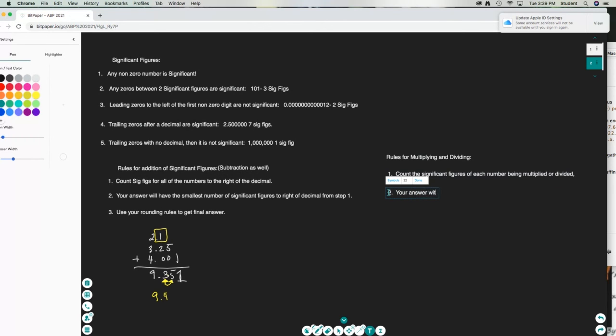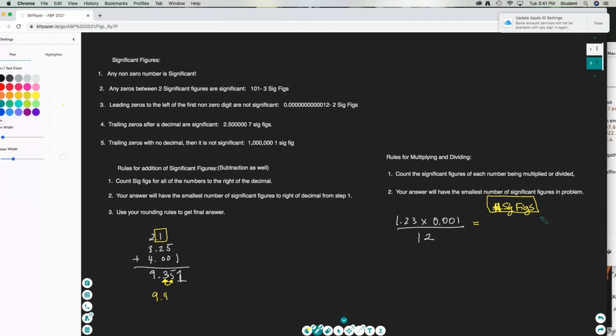Your answer will have the smallest number of significant figures. Let's do this. I'm just going to make up a problem, and I want you to tell me how many sig figs you would expect in the answer.